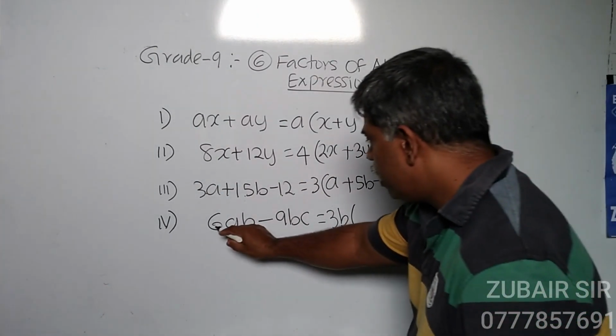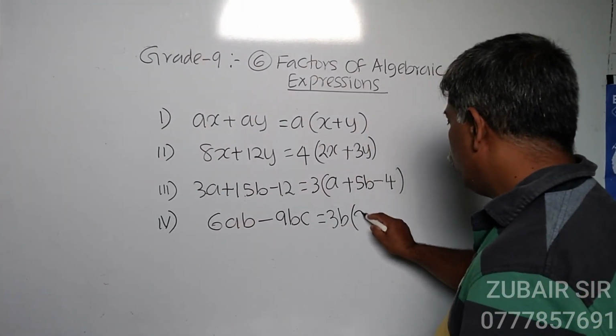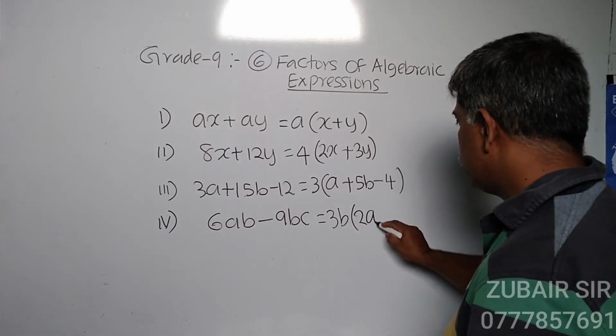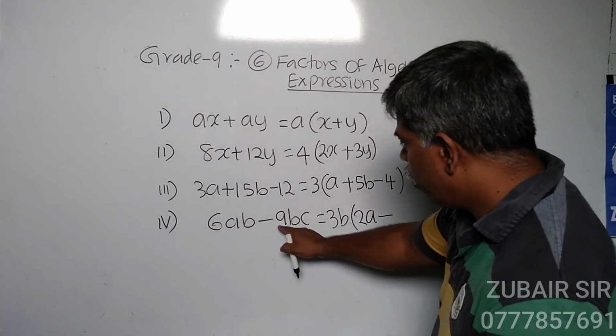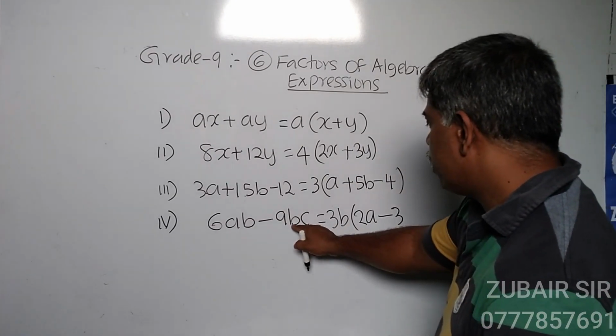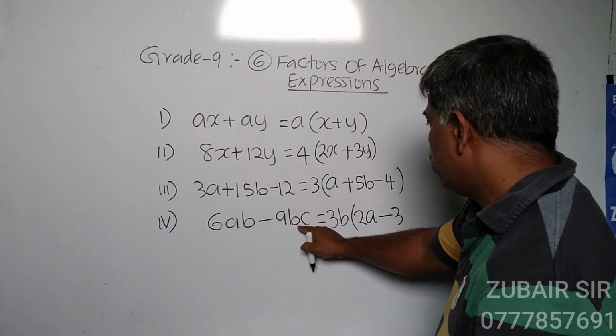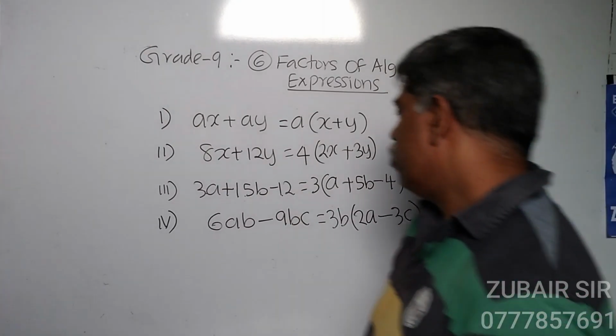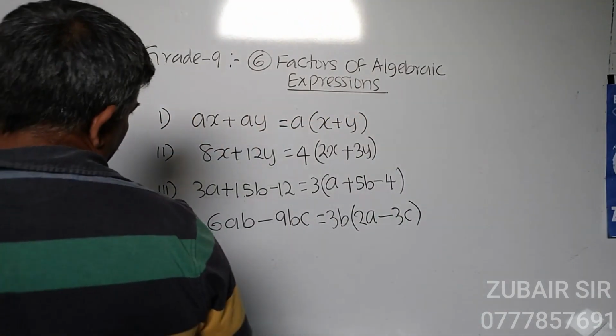When you divide this by 3, 2, when you take the b out, a remains. Minus, when you divide this by 3, 3, when you take the b out, c remains. So 2a minus 3c.